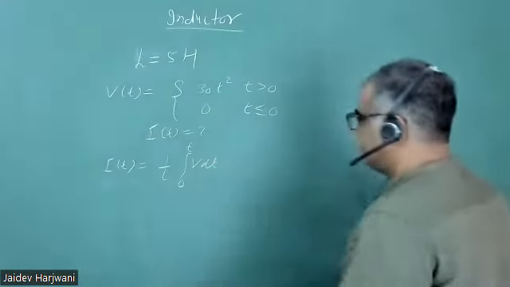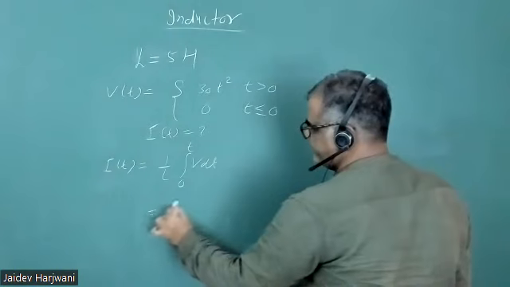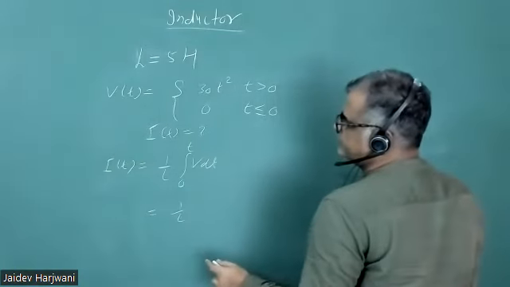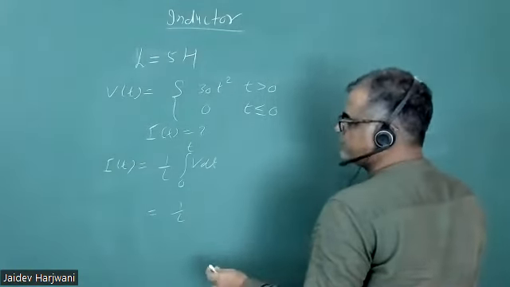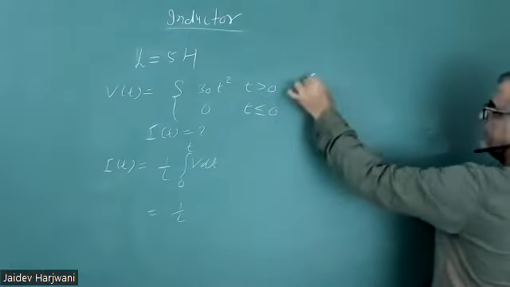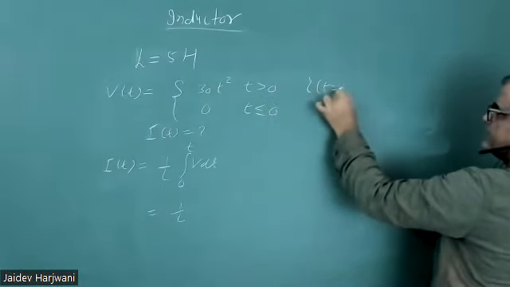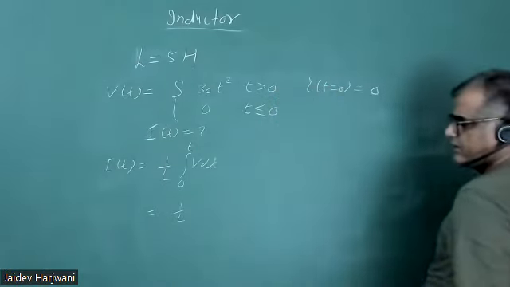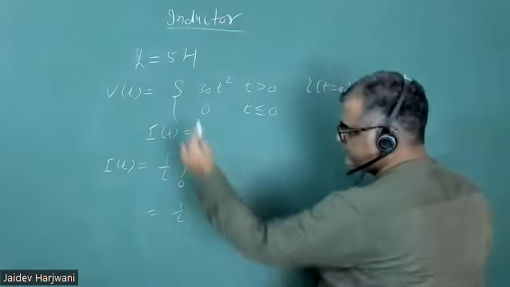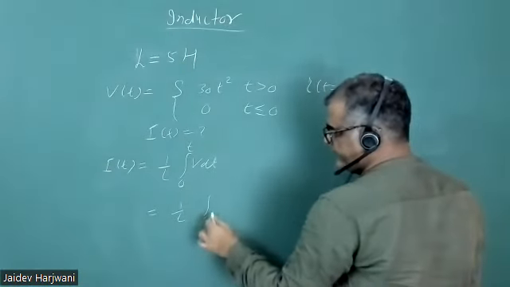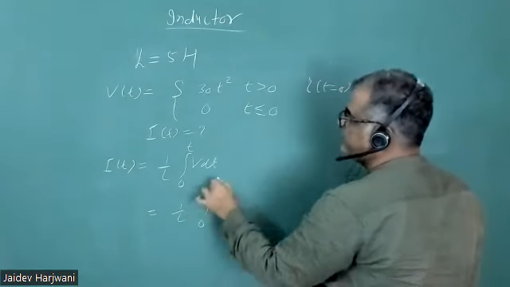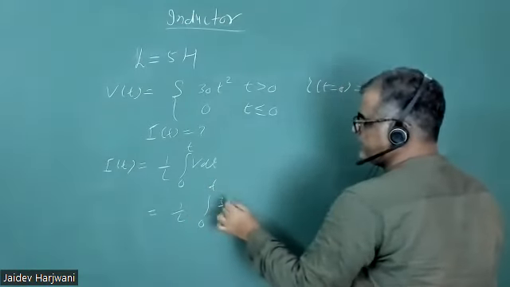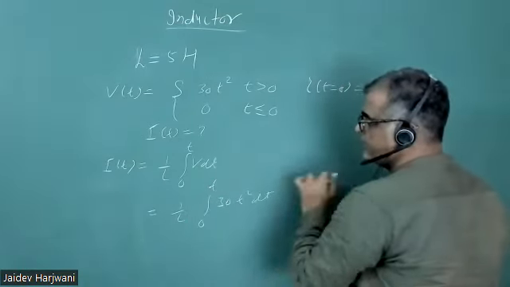So this is 1 upon L integral from 0 to t of v dt. Okay. So it is given, you can write I at t is equal to 0, which is given 0. So now this will be 0 to t, V is your 30t square dt.